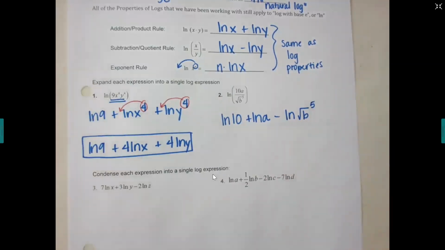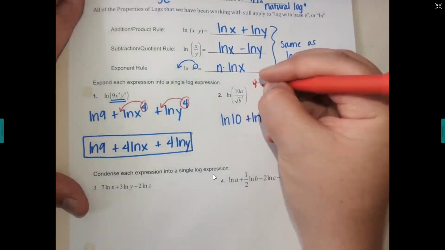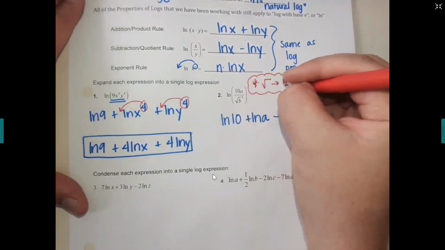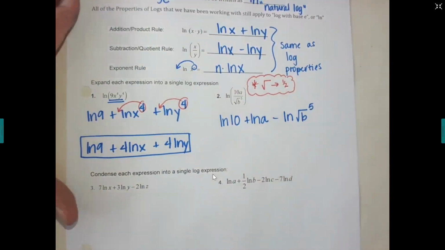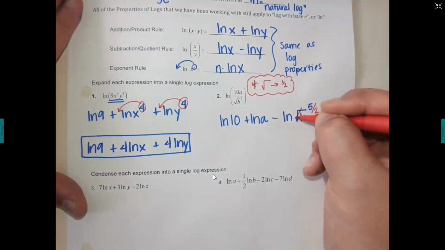Okay, then remember that we've also talked about a square root is really just a power in disguise. What power is a square root the same as? Okay, a square root turns into a 1/2 power. That is correct. So if it's a square root on B, that's really a half. If there's already a 5 up here, just cut the 5 in half.